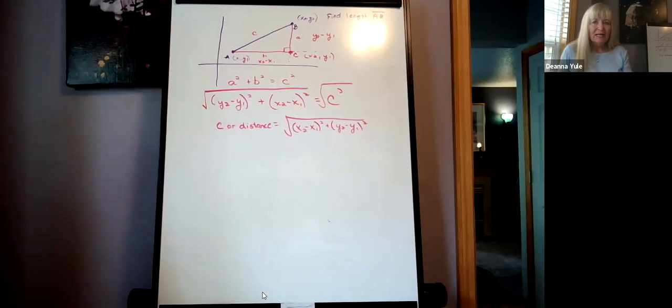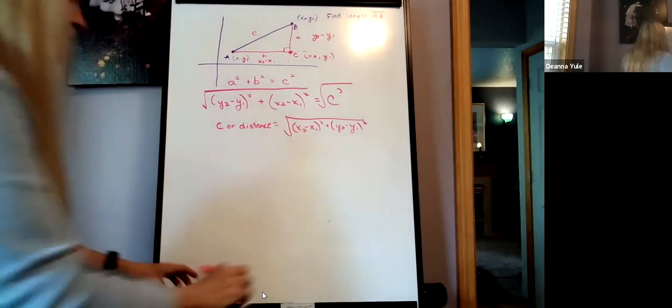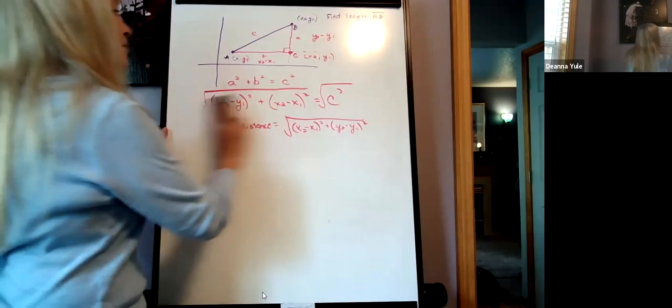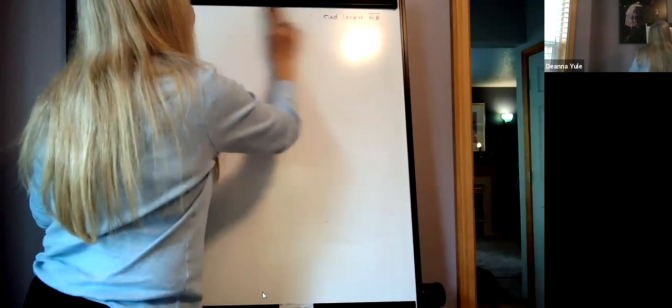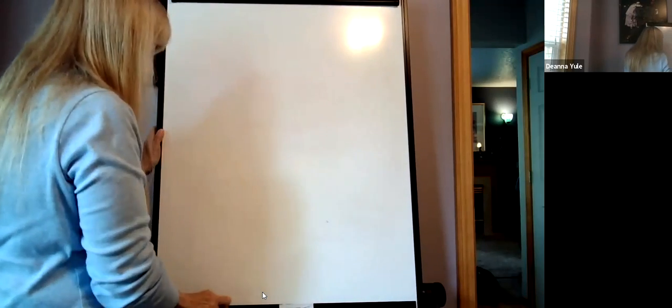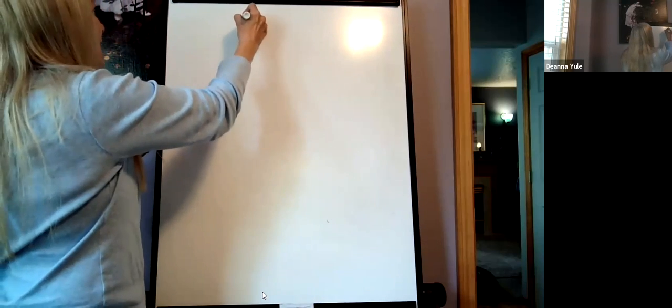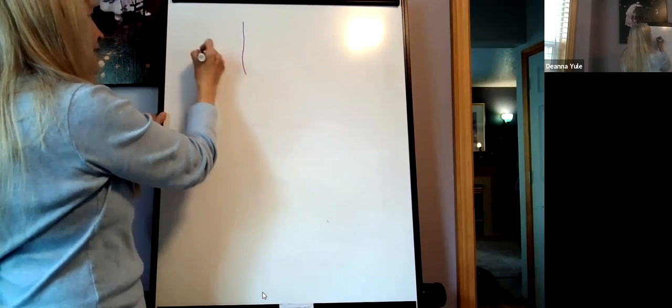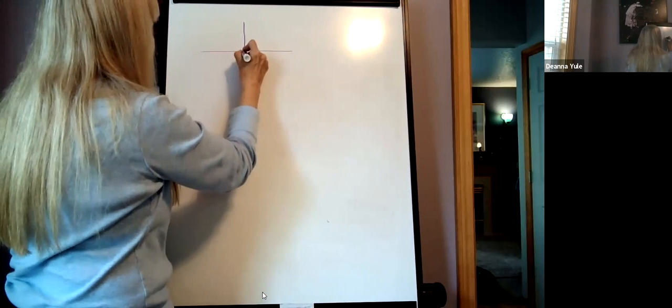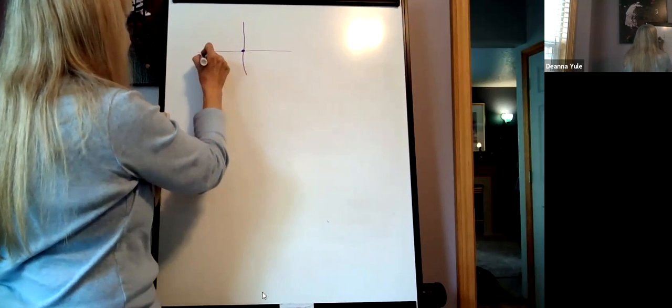So let me erase this. And these problems are really interesting. So I am going to start this by making an XY grid. And my school is right here at the origin.